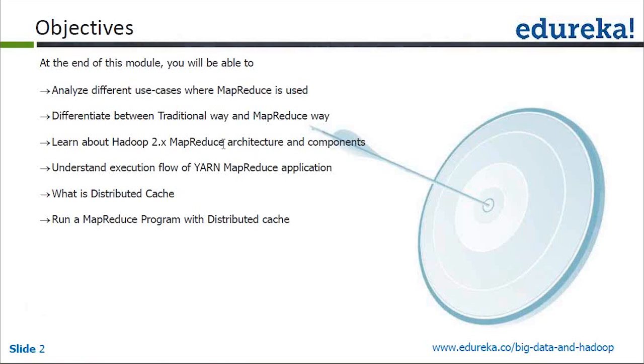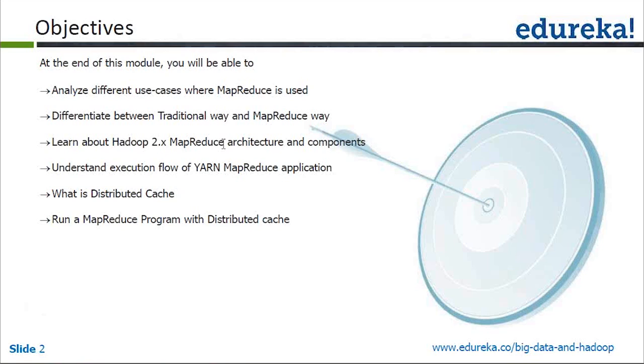So I was talking about the agenda or the objectives for today's session. Again, we'll be talking a little bit about Hadoop 2.0, and then about YARN, which has evolved from the early days of Hadoop. So we'll see what YARN brings to the table.